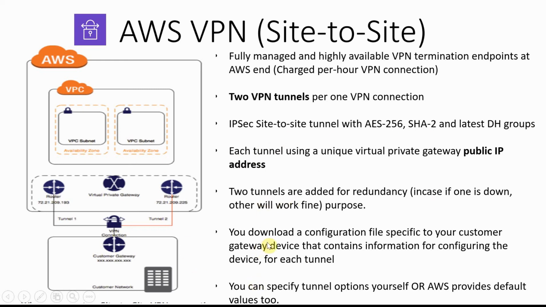So typically during the setup process you download a configuration file. That is from the customer side, specific to customer data, and then you'll populate that in your virtual private gateway. You'll also provide the details about what should be your tunnel IP routes and other stuff.